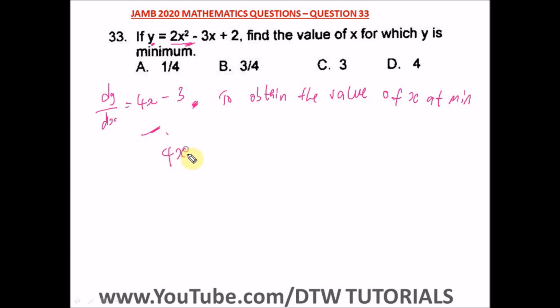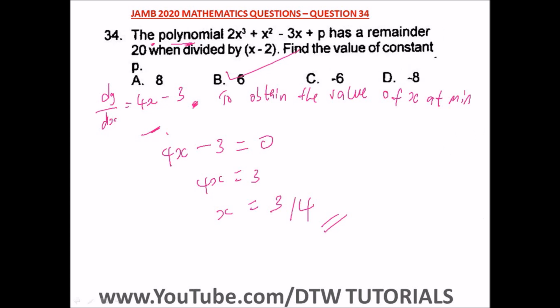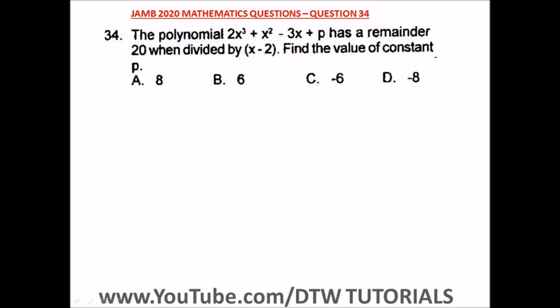We have 4x minus 3 equals 0. We have 4x is equal to 3. x is equal to 3 over 4. So this is our answer for question number 33. So that will go to the next question, number 34 of the JAMB 2020.